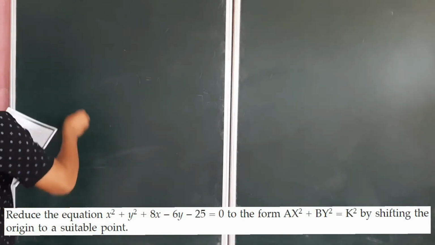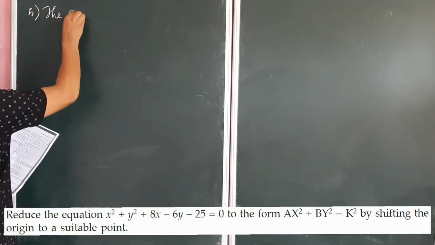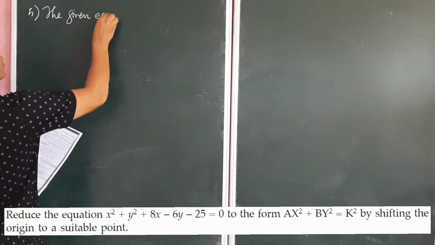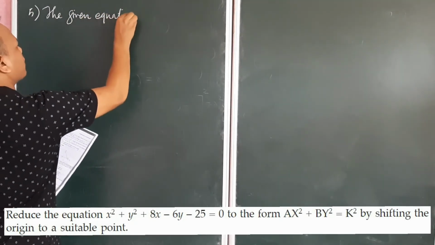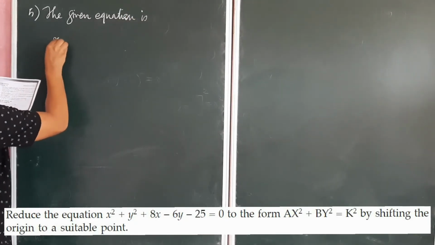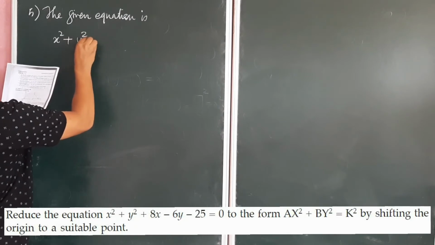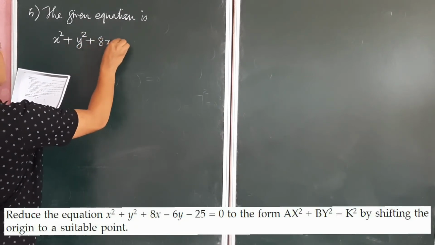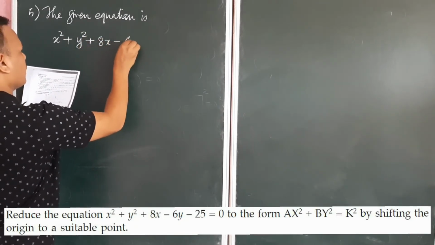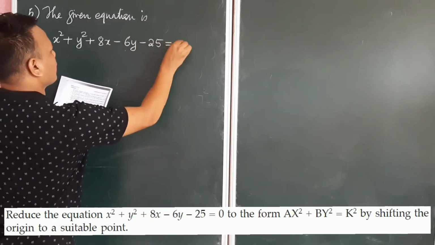So question number 5 says the given equation is x square plus y square plus 8x minus 6y minus 25 equals 0.